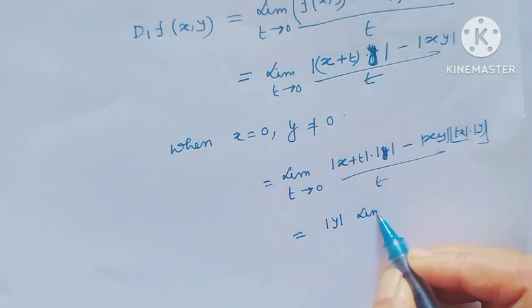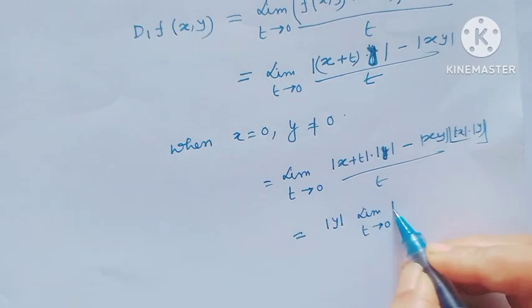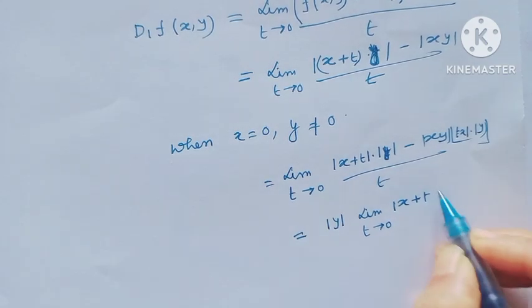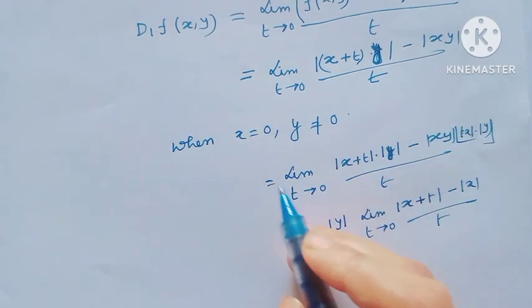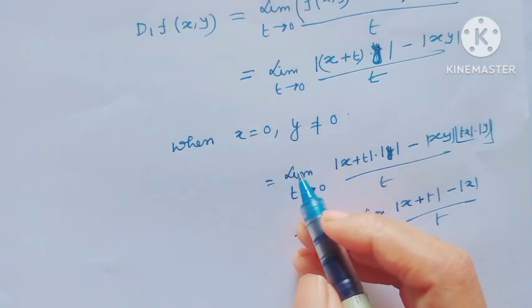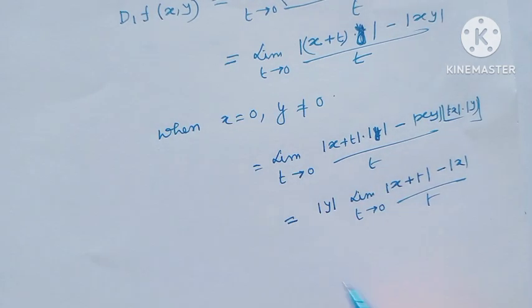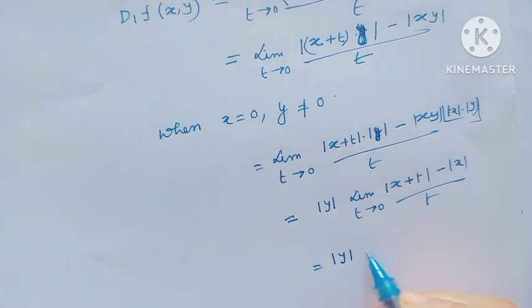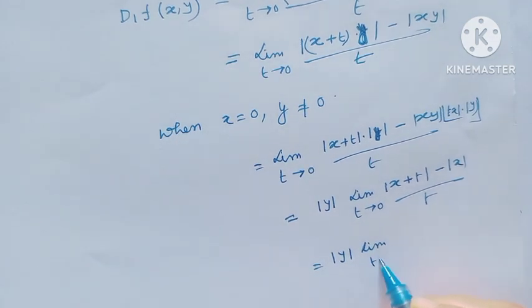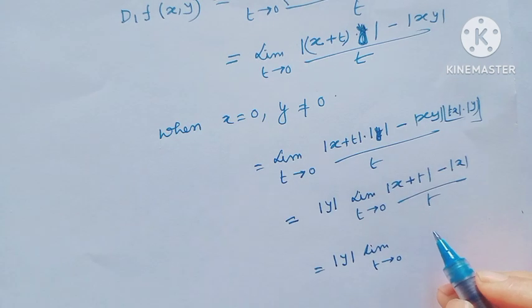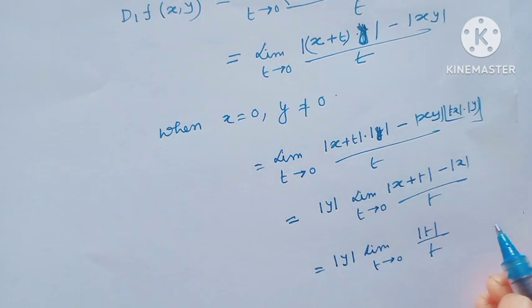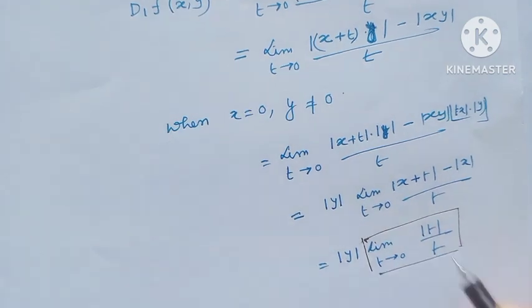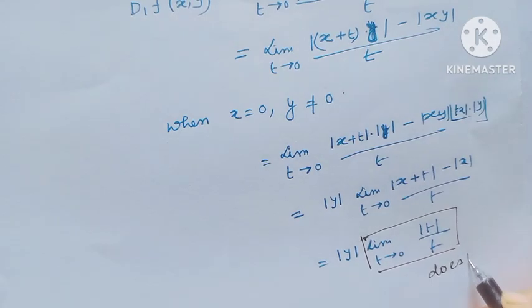Then this would be the limit as t goes to 0 of mod of (x plus t) minus mod of x, divided by t. Since I have considered x equal to 0, this value is mod y times the limit as t goes to 0 of mod t divided by t, and this limiting value does not exist.